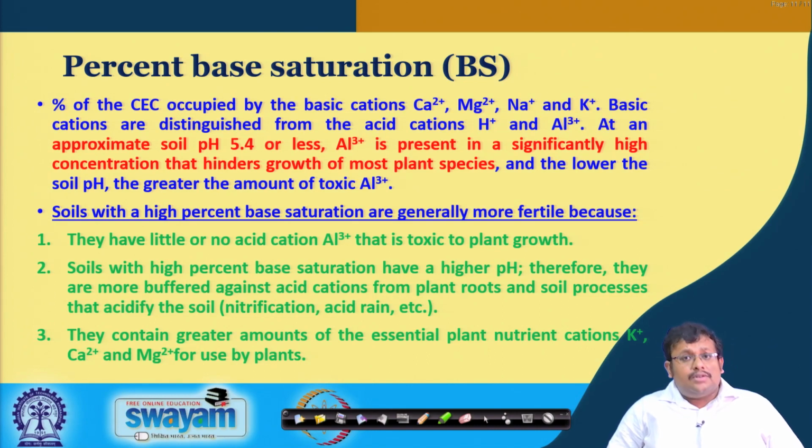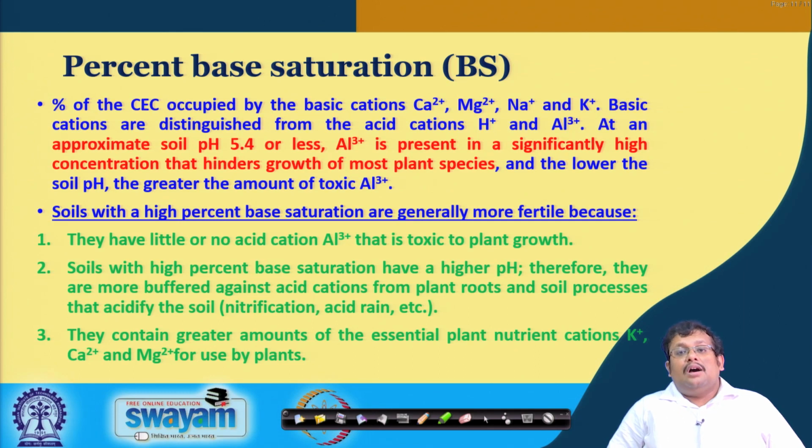Now, we have also discussed the reasons for high soil fertility in a soil with high percent base saturation. There are three reasons. One is they have little or no acidic cations like Al3 plus, which can show toxicity for plant growth.